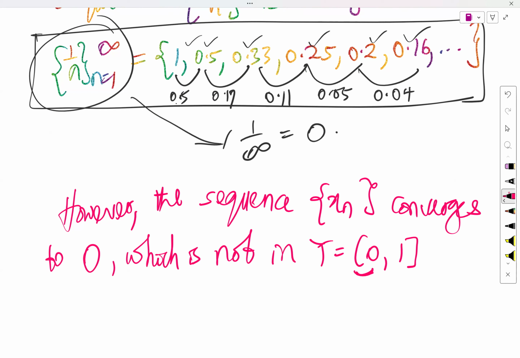Because it is open here, it means that 0 is excluded from this collection. Because it is closed at the top, 1 is included. So you see, 1 over n converges to 0, and that thing it converges to, which is 0, is not in this space.